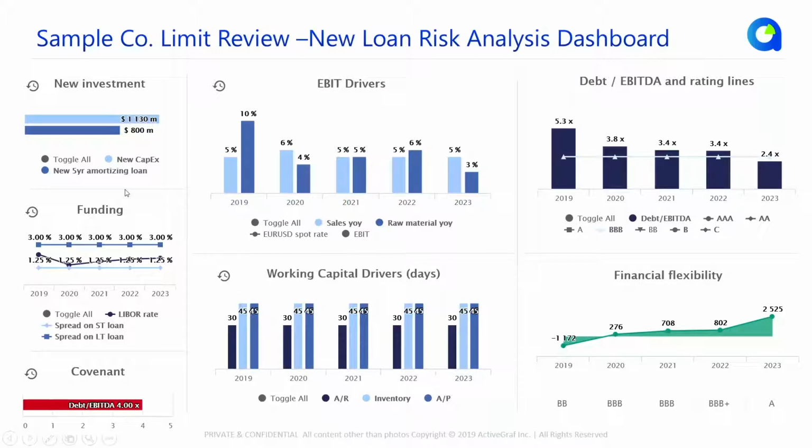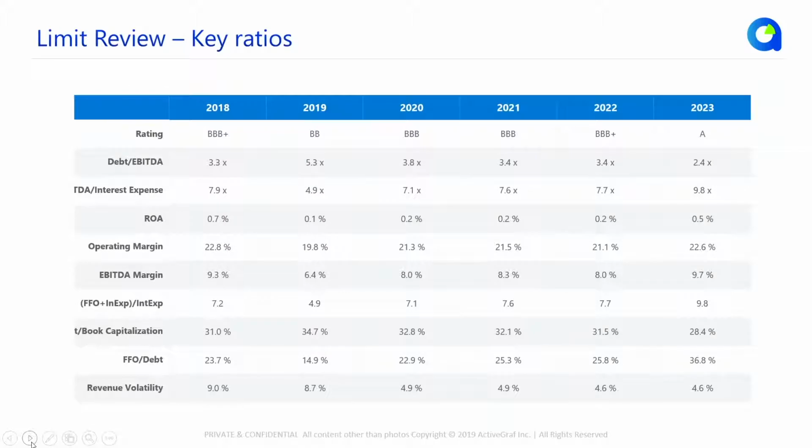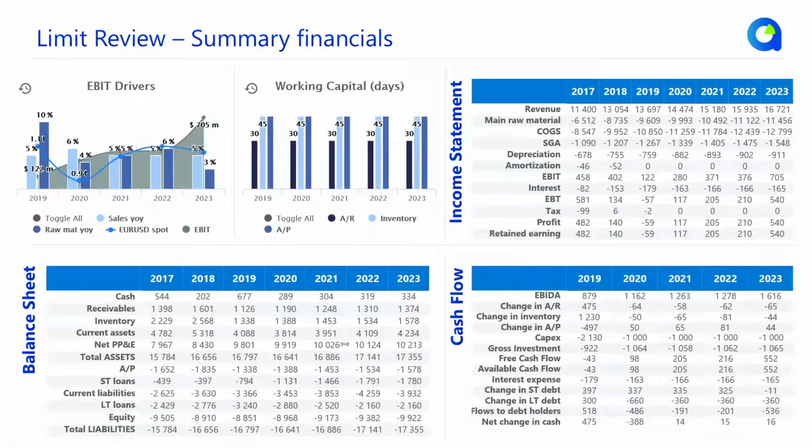Also keep in mind that not only are the graphs on this dashboard updated, but all of the information tied to the spreadsheet through ActiveGraf is also updated. So all of the KPIs are updated, the ratings information here in much more detail with the credit ratios. The entire financials can be viewed now with their update based on that latest scenario: the income statement, cash flow impacts, and balance sheet.